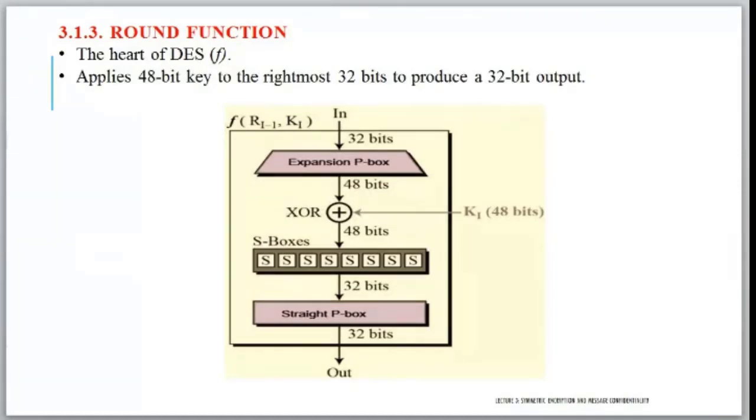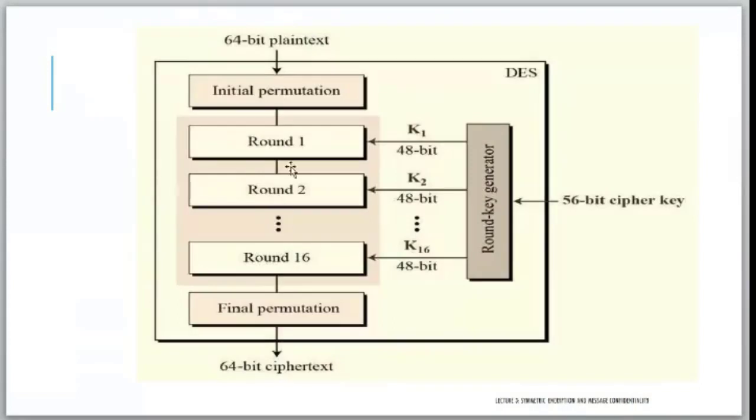Now, what is a round function? Before that, the round function is 16 rounds. That means we are going to repeat this 16 times. What is the input for this round function? The input is 64 bits, or it is from the previous round.